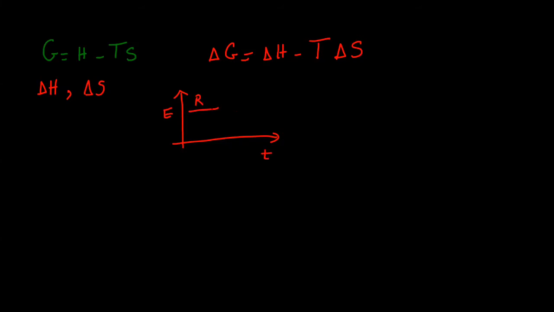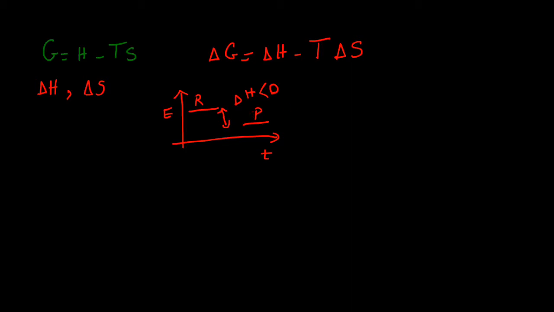If my reactants are here and my products here, it means the gap between these two is delta H. And delta H of this system, as we learned in my previous video, is smaller than 0. Because reactants have more energy than products, the system is going towards a state with lower energy, and it's more stable.